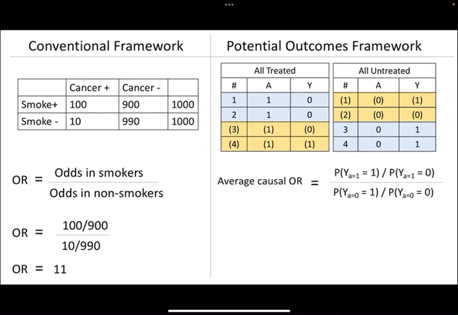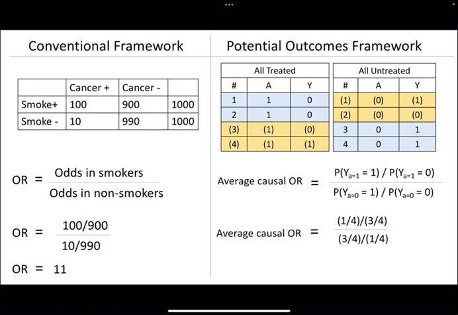And the way we go about it in the potential outcomes framework, again similarly, the numerator of the numerator there, we have the probability of the outcome had everyone been treated. So we're looking at that left table, the all treated group, that's 1 over 4. And then the probability of the outcome not happening, again still looking at that all treated table, we can see that the outcome didn't happen in 3 of the 4 people, so that's 3 over 4. And now in the denominator, we have the probability of the outcome had no one been treated.